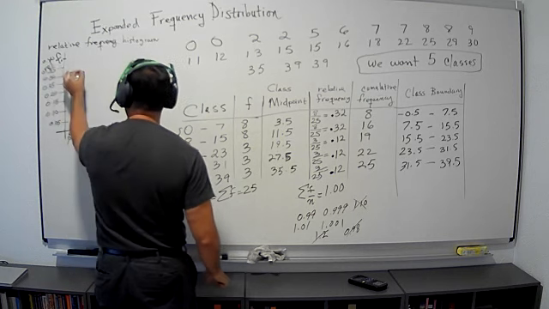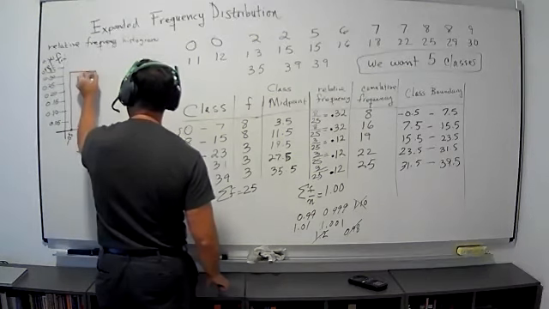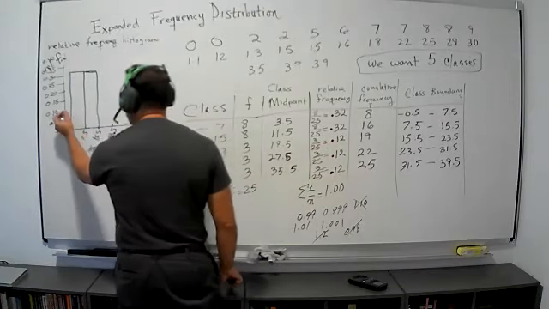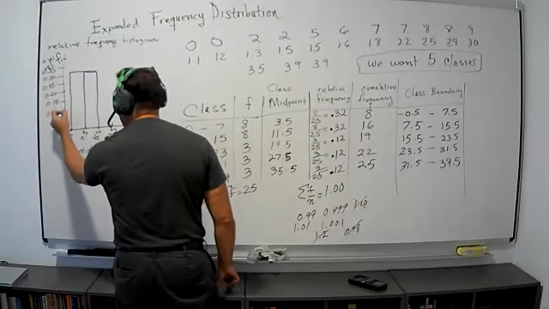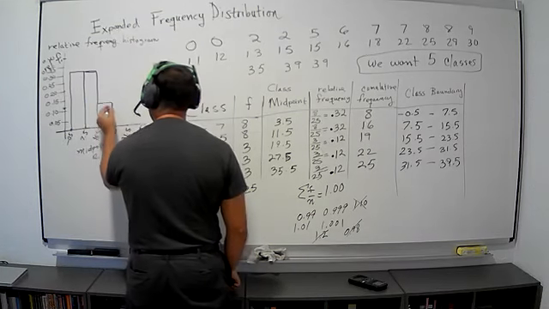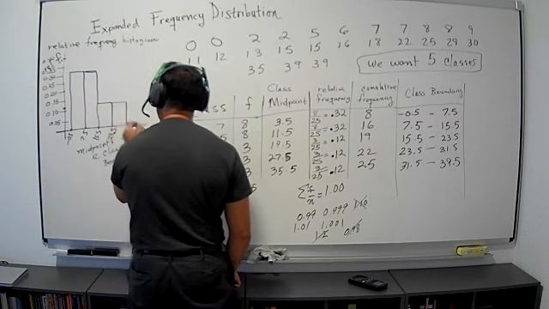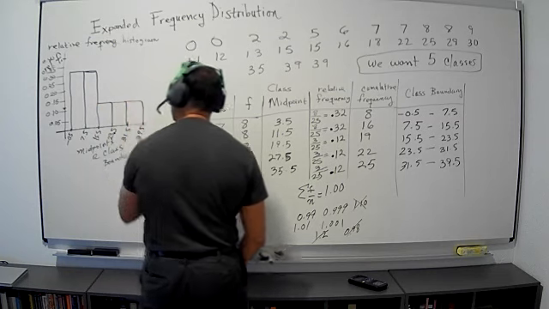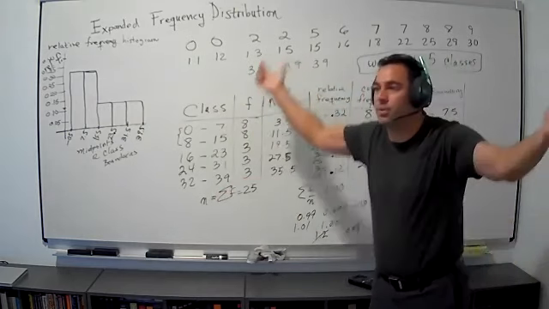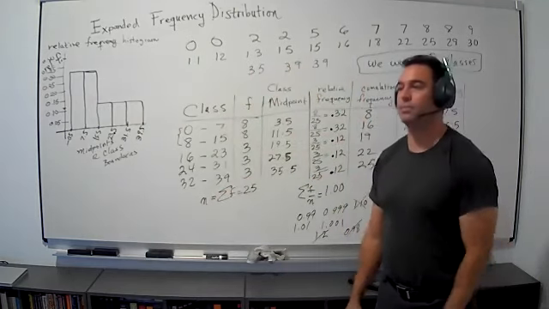The next one's also 0.32. But the next three are 0.12, all of them. So 0.12 is around here, a little bit higher. And I've just created a relative frequency histogram using class boundaries.